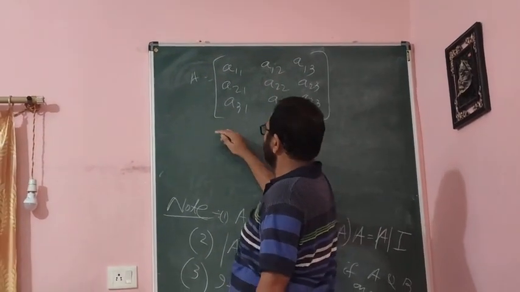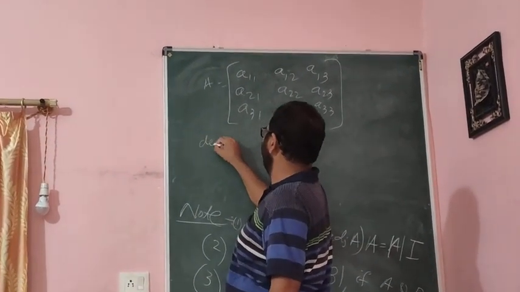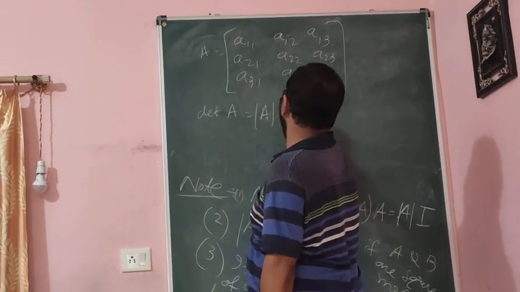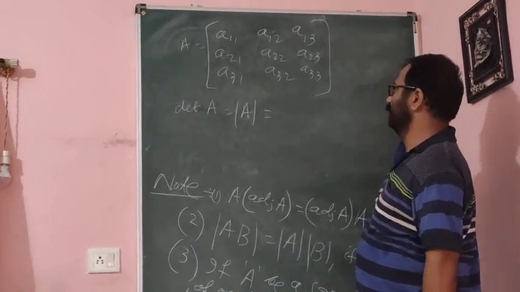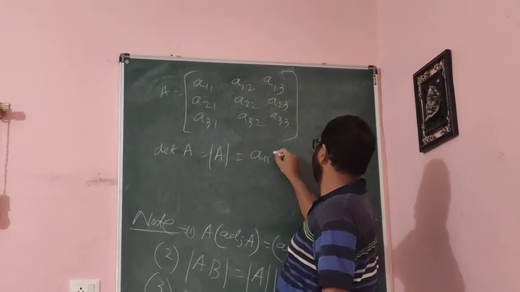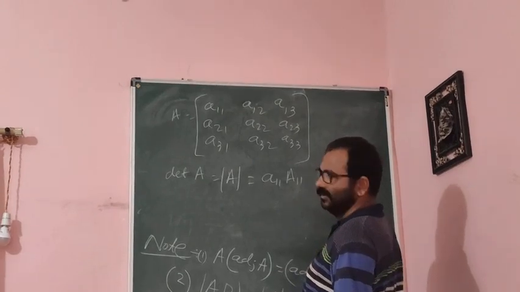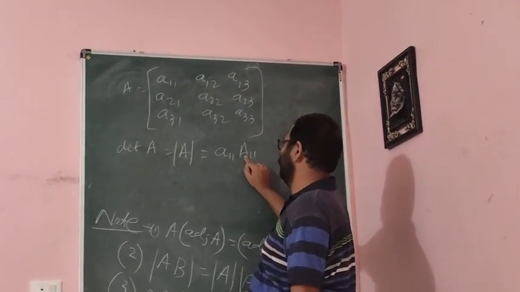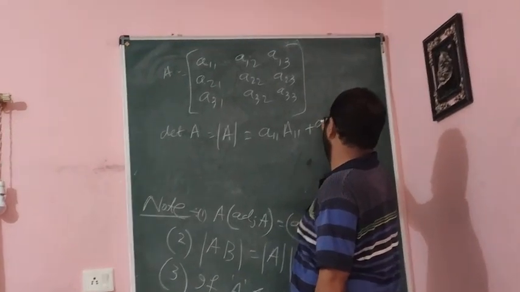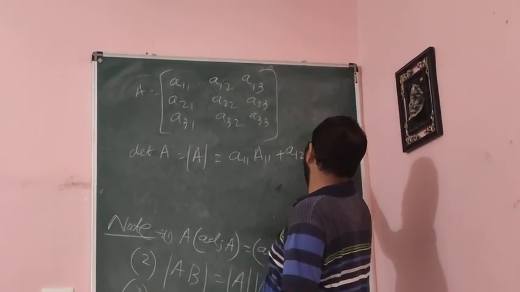determinant of its minor. So we can write the determinant of A equals small a11 into capital A11, the corresponding cofactor, plus a12 into capital A12.